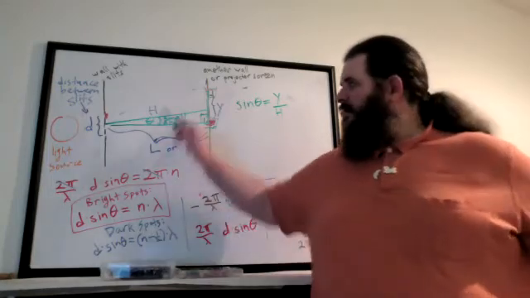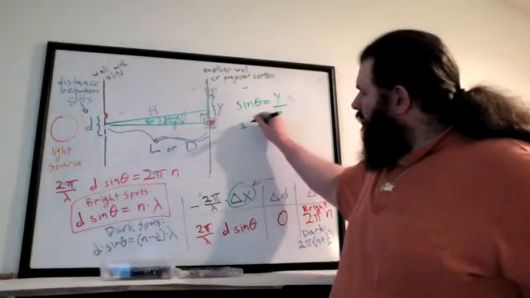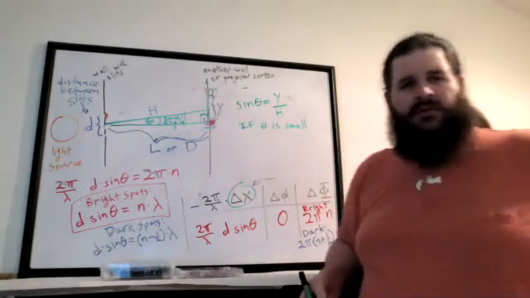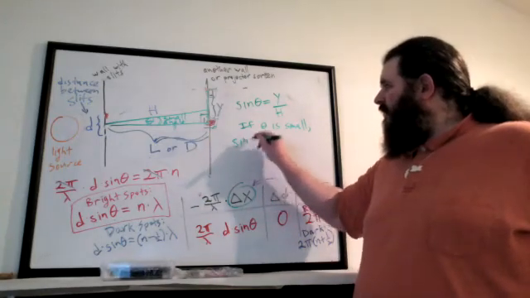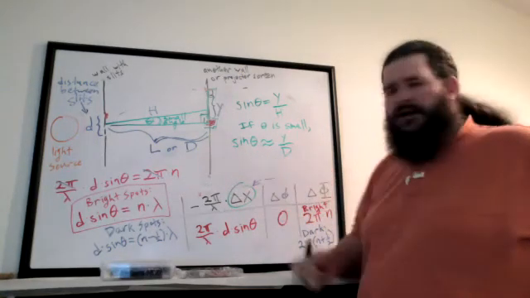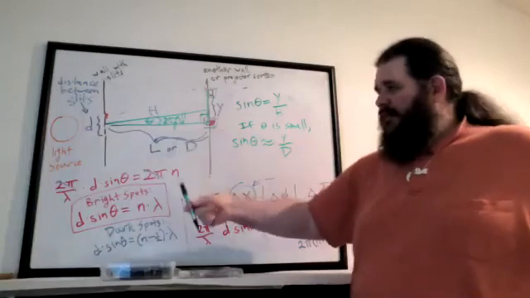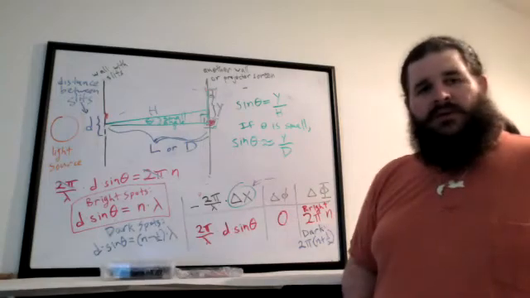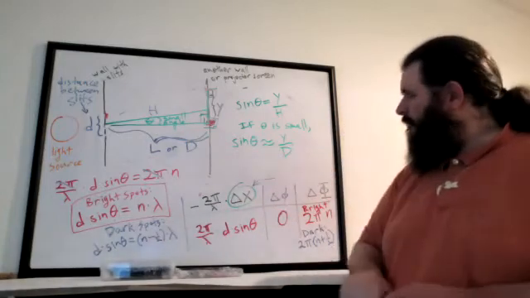L or D. Yeah, that's going to be very close to that other side length L. So we can say if theta is small, that is, if the bright spot we're looking at is very close to the center, then sine theta is approximately y over capital D instead. And one of the advantages there is that if we look at different angles, h changes a little bit, but D doesn't change. So if we just use D instead as an approximation, we don't have to worry about changes. We can just replace sine theta with y over D.